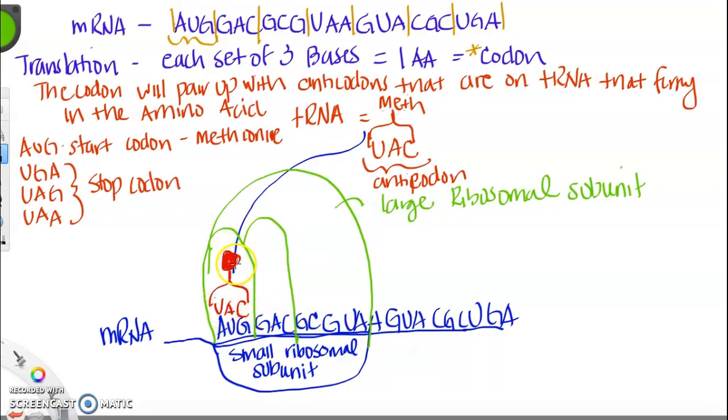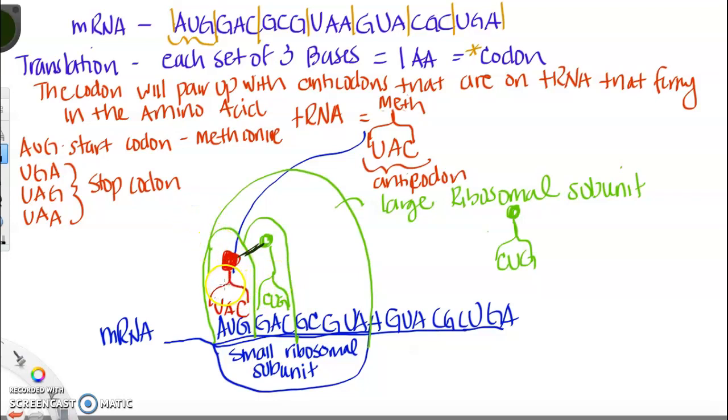So that the methionine will be there, and then another tRNA, which will be CUG with some other amino acid, I don't know what that is, but whatever it is, will come and go next to it. So CUG. And dehydration synthesis will occur, and there will be a peptide bond formed there.